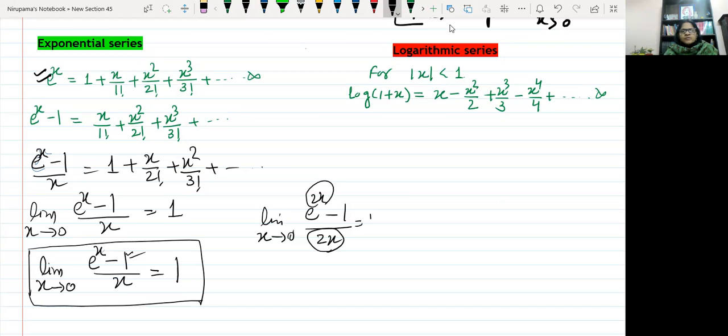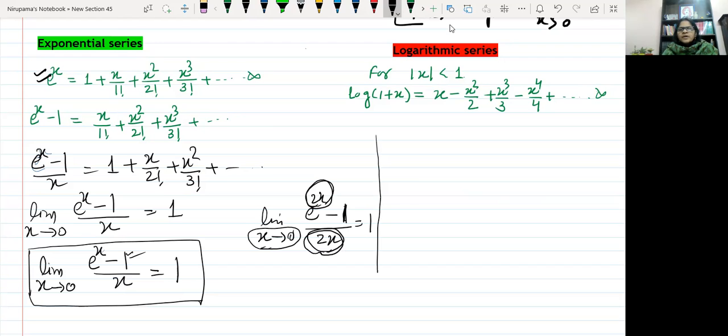So this can also be 1. So we have to see the power 2x, the denominator 2x, the limit 2x should approach 0, and of course here we have to have 1. So this is the standard formula, we can use it directly.